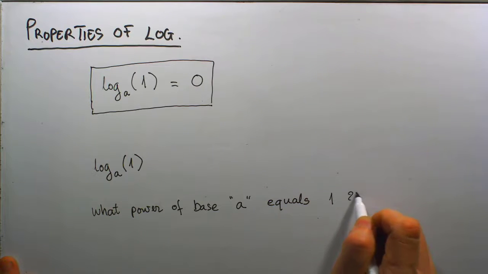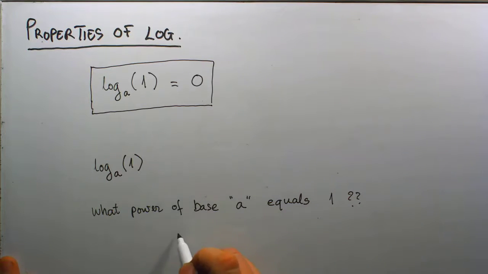So we brought up the following concern here. What power of base a? When I introduced logarithm, I used this picture over here, an empty square, that we could think about as a power, what power of base a can equal 1. And so apparently that power must be 0.